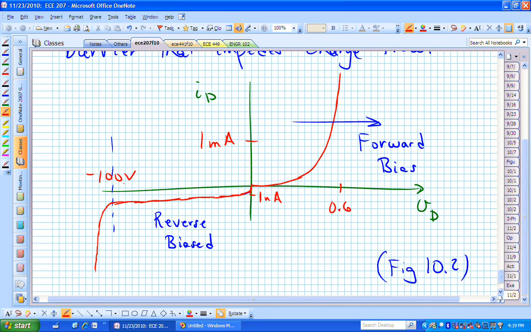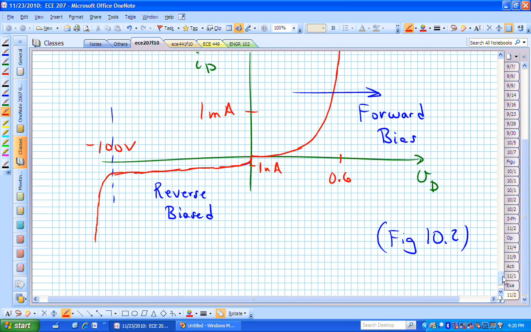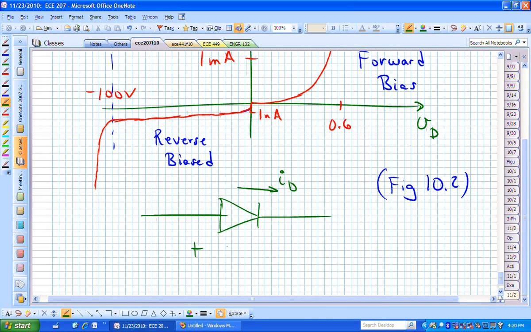So if you reverse bias this by 100 volts, for example, then it will really start conducting current in the opposite way that we would like that diode to operate. This particular picture then is consistent with this schematic, where our current that we've defined positive up above is going in the direction of the triangle, and the voltage is positive from left to right.